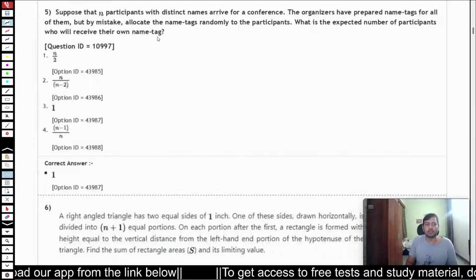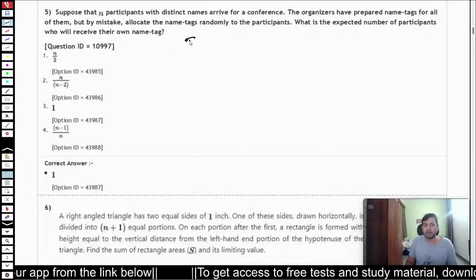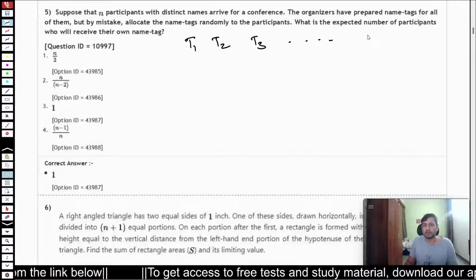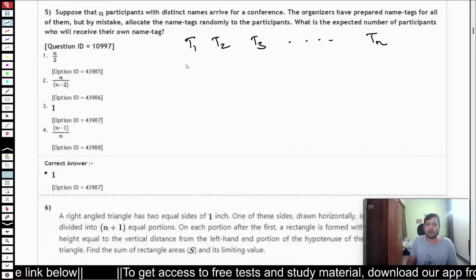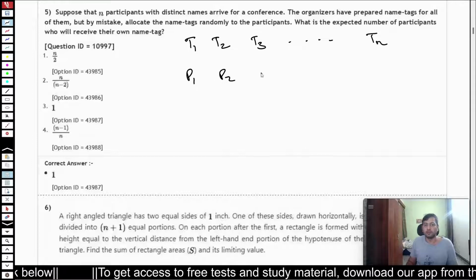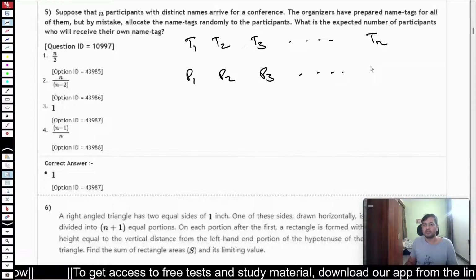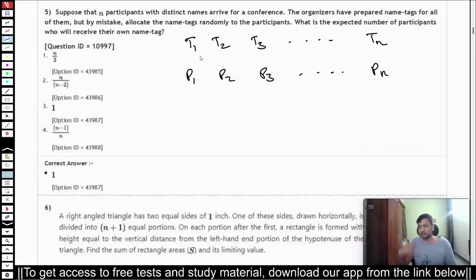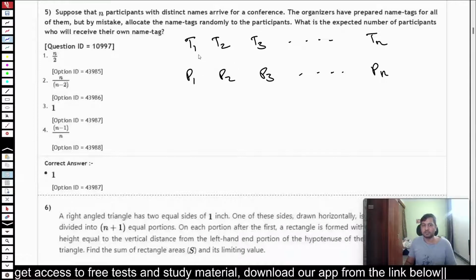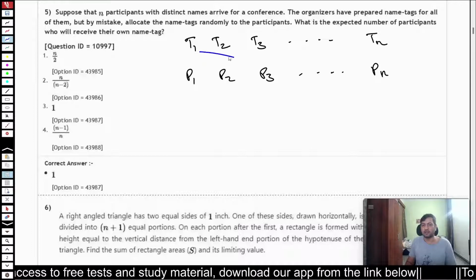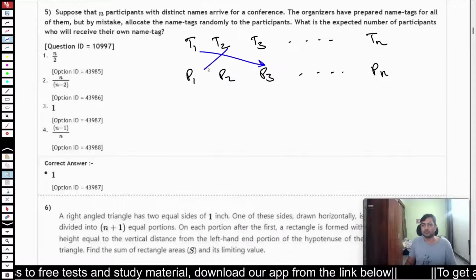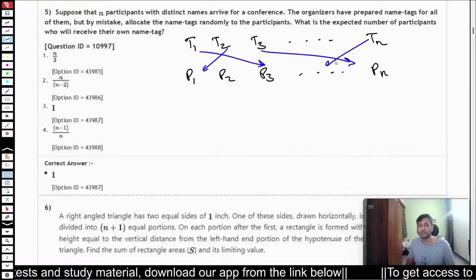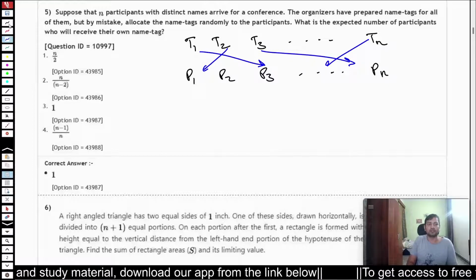So they have made tags going from T1, T2, T3 up to Tn, and there are participants P1, P2, P3 and so on till Pn. Now instead of giving them to the individual participants, they have randomly allocated them. So this tag could have gone to this person, this to this person, this to this person, and so on. So this has been randomly allocated.